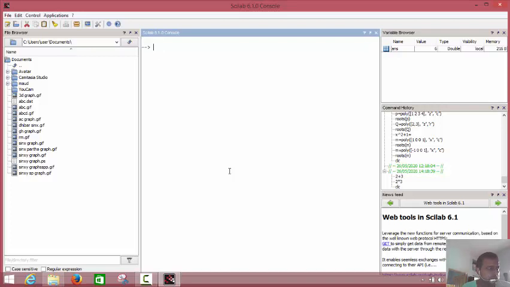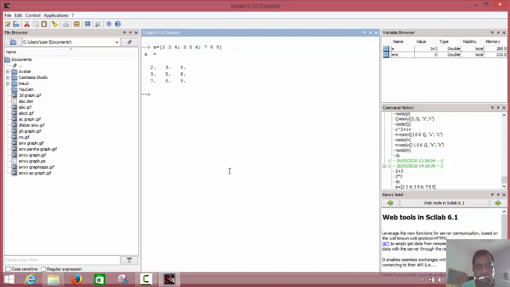A matrix can be written like this: A equals square bracket 2 3 4, then 3 5 6, then 7 8 9, and it will look like this.